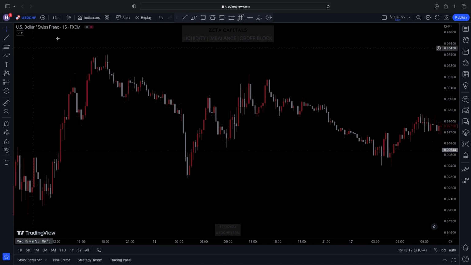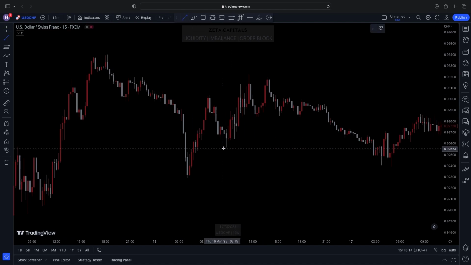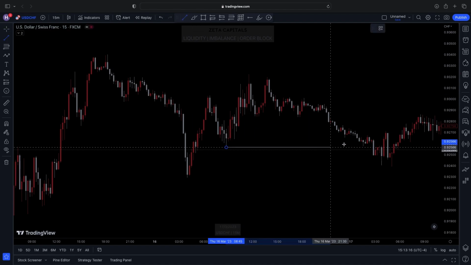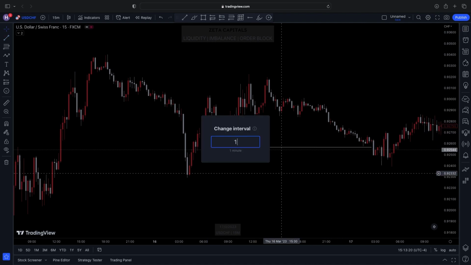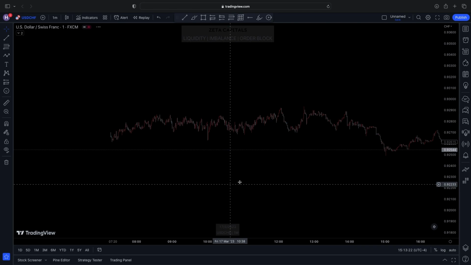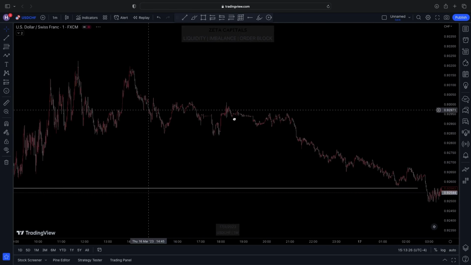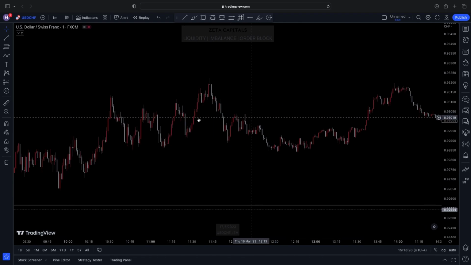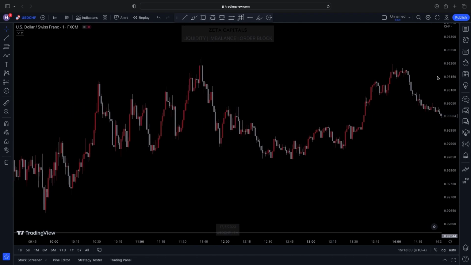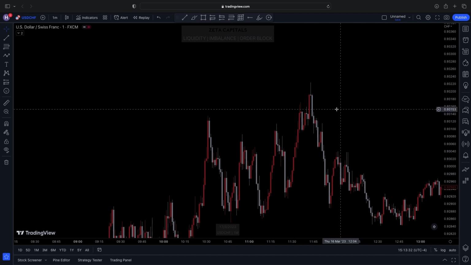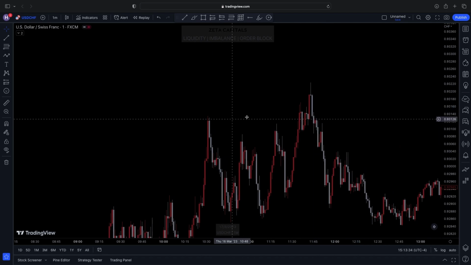It won't create any confusion. So let me go into the 1 minute time frame. Can you see this, that liquidity got swept?